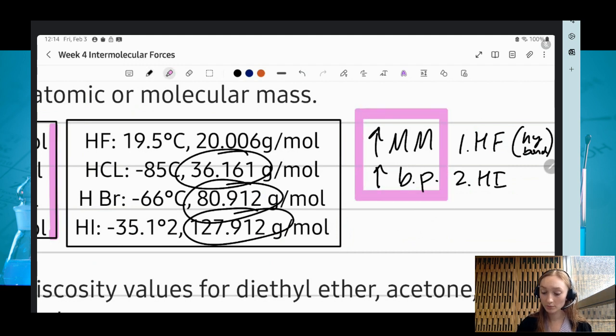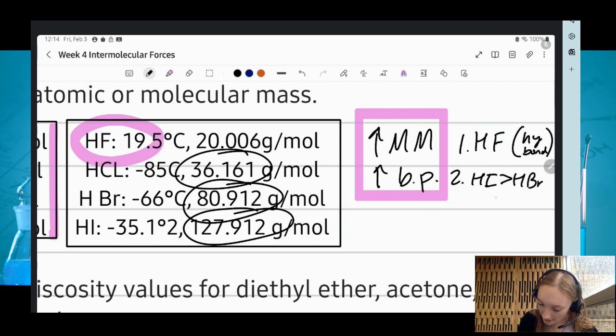Higher molar mass, higher boiling point, but the HF, even though it weighs the least, because of the hydrogen bonding, is going to have the highest boiling point. So let me just finish my note right here. And then for 2, it's HI, and then HBr, and then HCl. So that is the order for those.